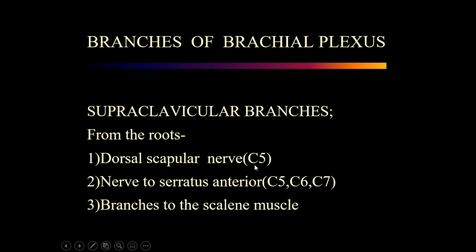Dorsal scapular nerve, that is the nerve to rhomboids, C5. Nerve to serratus anterior, C5, C6, C7. It is also called the long thoracic nerve of Bell. The third is the branches to the scalene muscles in the neck. So these three branches directly arise from the roots. These three branches we have to remember.